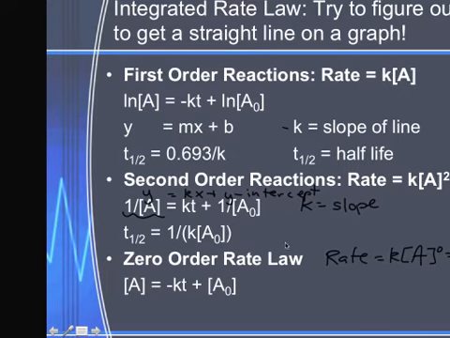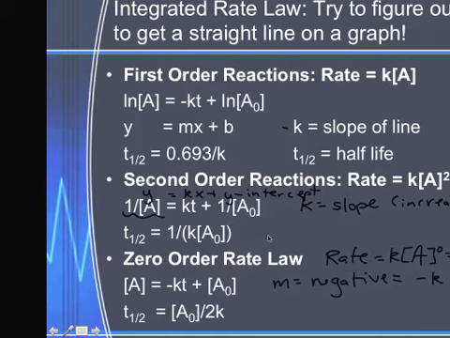So we can express the concentration of A as decreasing with a slope that is equal to negative k, because concentration is going down, so our slope is negative, right? Concentration is going down, and so it's minus k. In this graph, this slope is increasing. But when your slope is decreasing, then of course we just ignore that negative sign and put k as the absolute value of our slope.